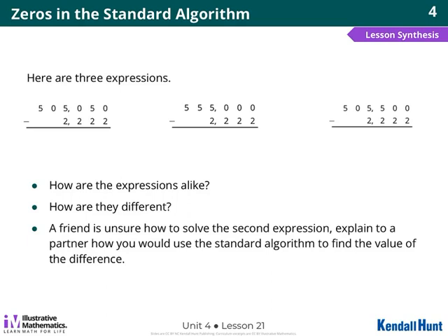How are they alike? First of all, tell me how they're alike. Aaron. Because all the top numbers have 6 digits and all the bottom numbers have 4 digits. Yeah, I agree. They all have 6 digits on top, 4 digits on the bottom. Bella?